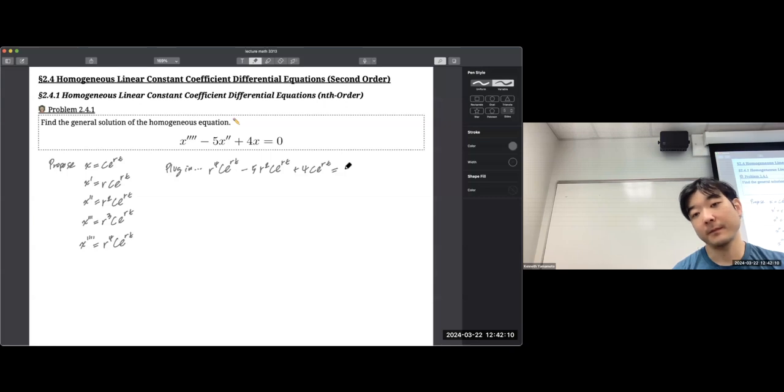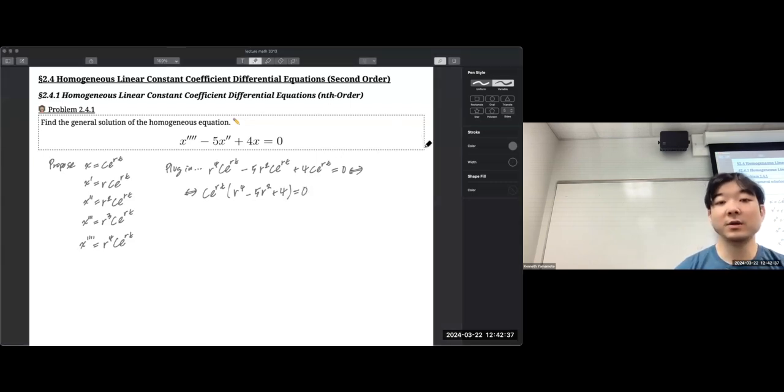Equals 0. Okay, you can factor out, like we did before, anything that's common. So the CE to the RT is clearly common to all these, leaving us with R to the 4th minus 5R squared plus 4 is equal to 0.